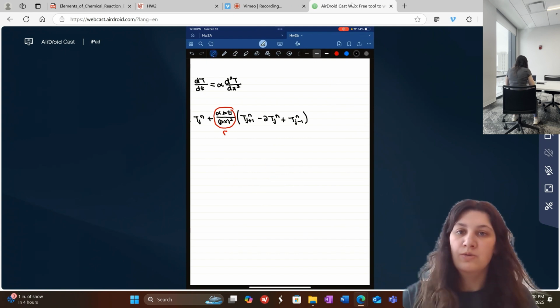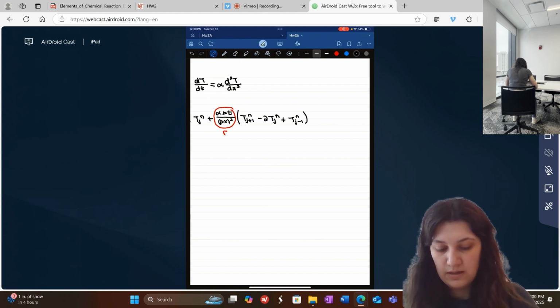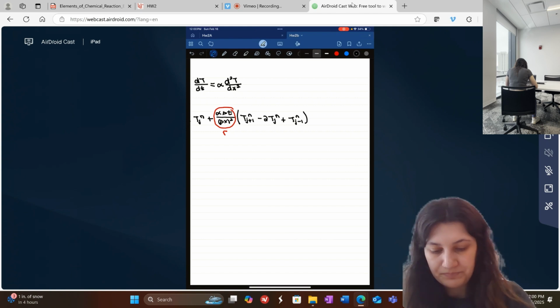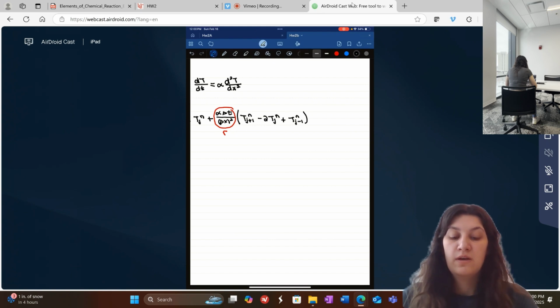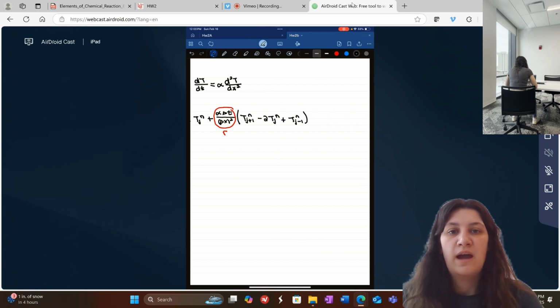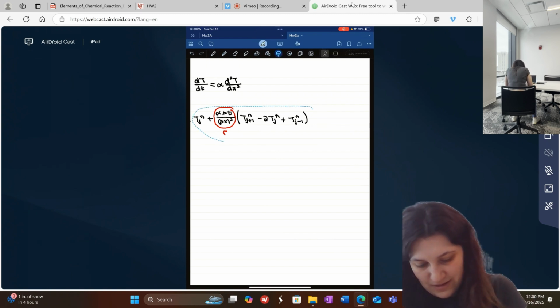Now what we want to do is turn this into the Crank-Nicolson equation, and to do that, we want to take the average of the approximation of the second derivative at the next time and the approximation of the second derivative at the current time.